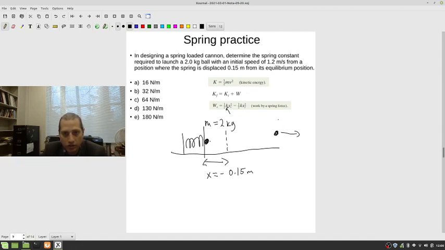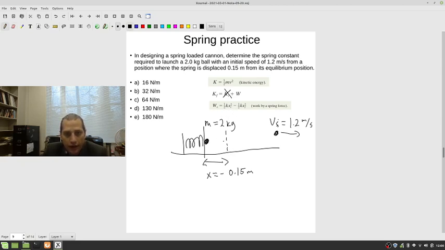So your v initial is 0, your v final is going to be 1.2 meters per second. Now, what's going on here? The final velocity of your ball is going to be the initial, which is just 0, plus whatever work is put in.